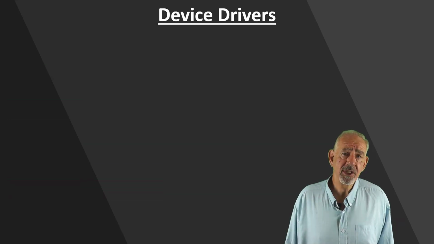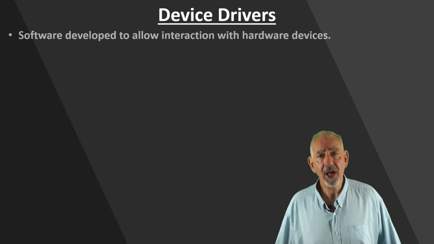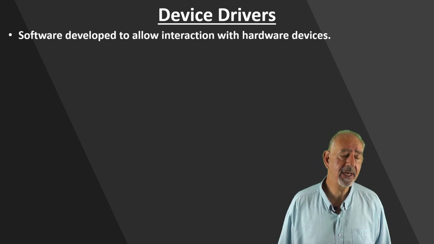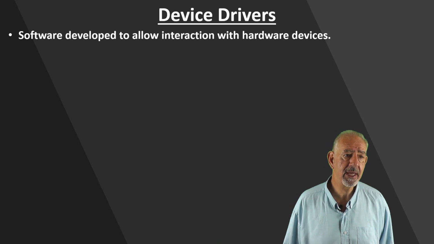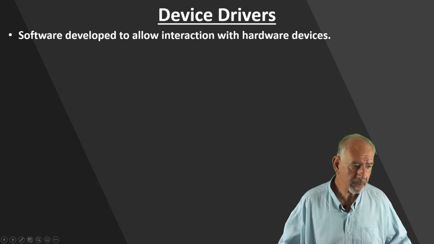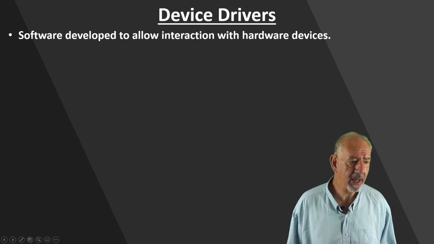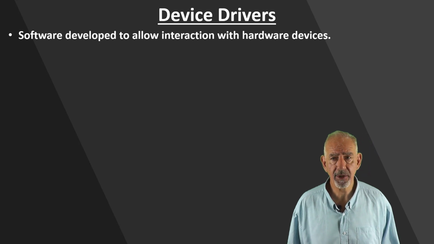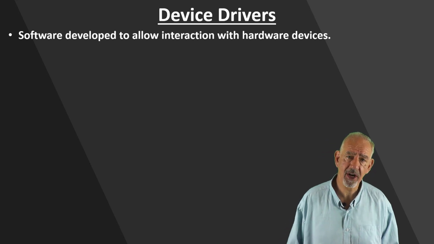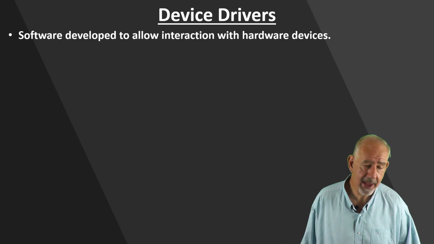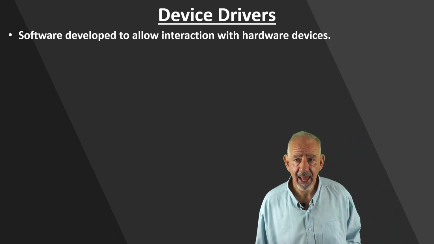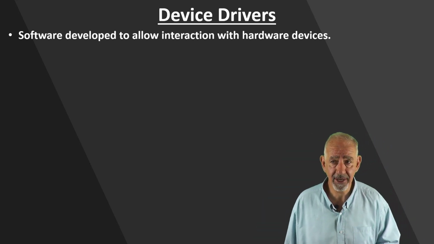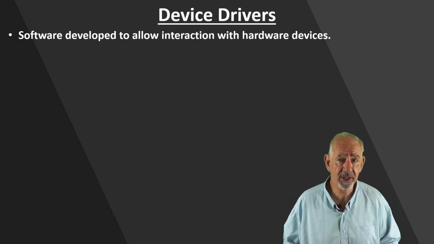So central to all this are the device drivers. So what are device drivers? Well, it's the bit of code that we have to download whenever we add another piece of hardware to our computer. We have to have a device driver that can talk to that, whether it's a mouse, a keyboard, or a printer, and it's software developed by the manufacturer to allow interaction with this hardware device.